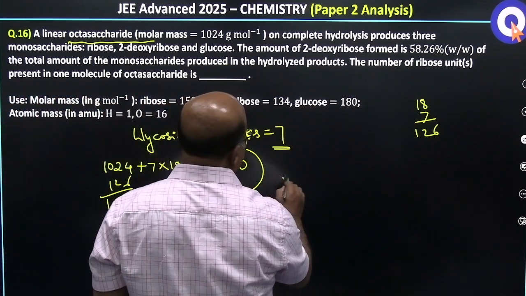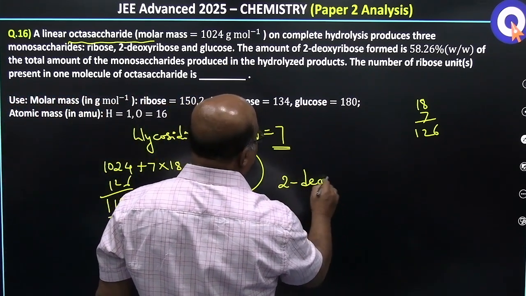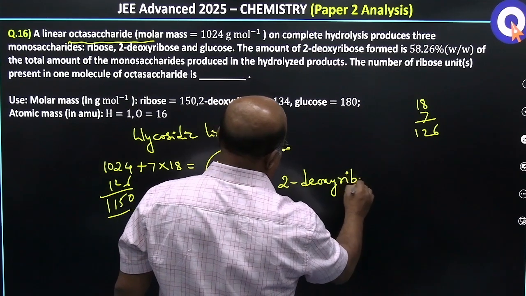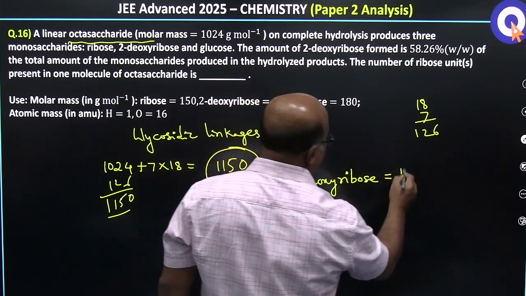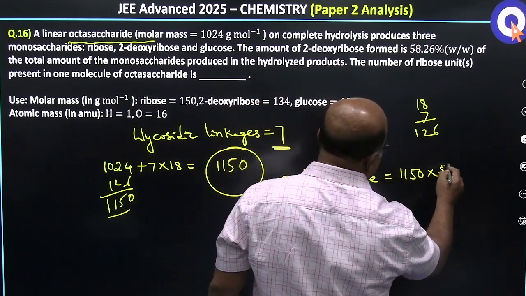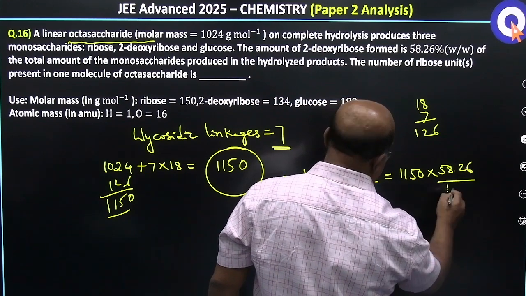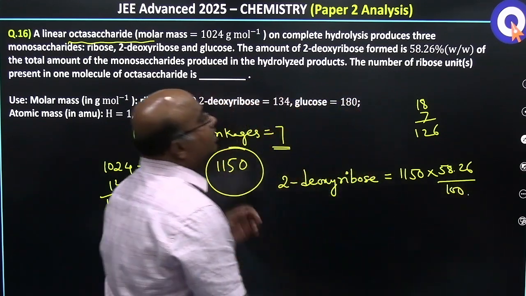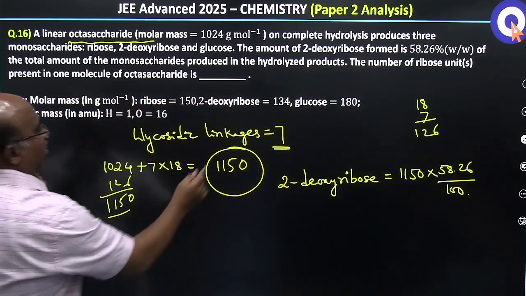So the 2-deoxyribose is 1150 into 58.26 by 100. This is the mass of it. But the molecular masses of all compounds are given.